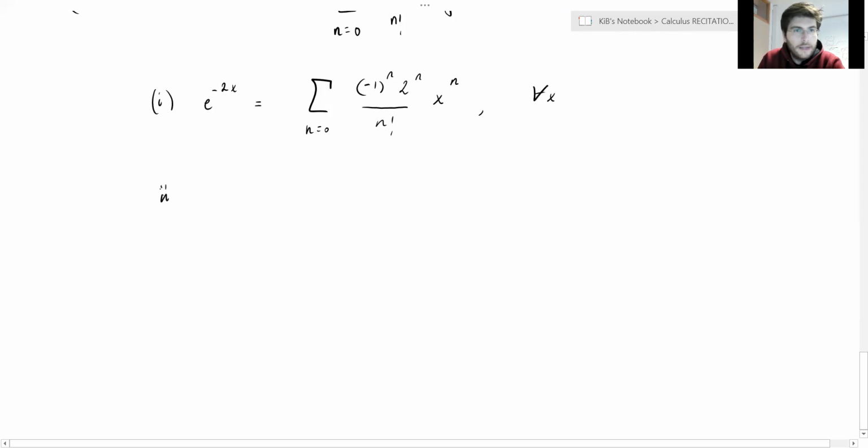And for the second step, we just observe that, let me write it down. If you start with, just write down the first term, a0, which is just 1. This is a0, when n equals 0.